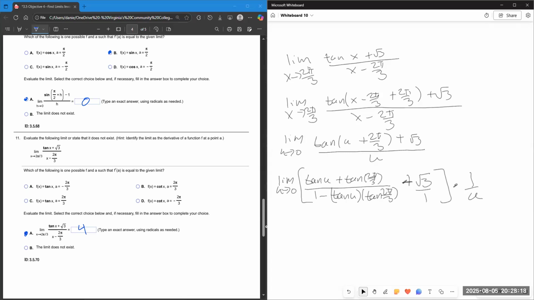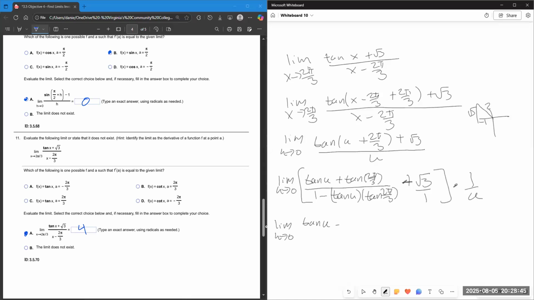This is over 1, so the limit as u goes to 0. So tangent of 2 pi over 3, I drew 2 pi over 3 before, but it's root 3, negative 1, 2. So tangent is a negative root 3 there.